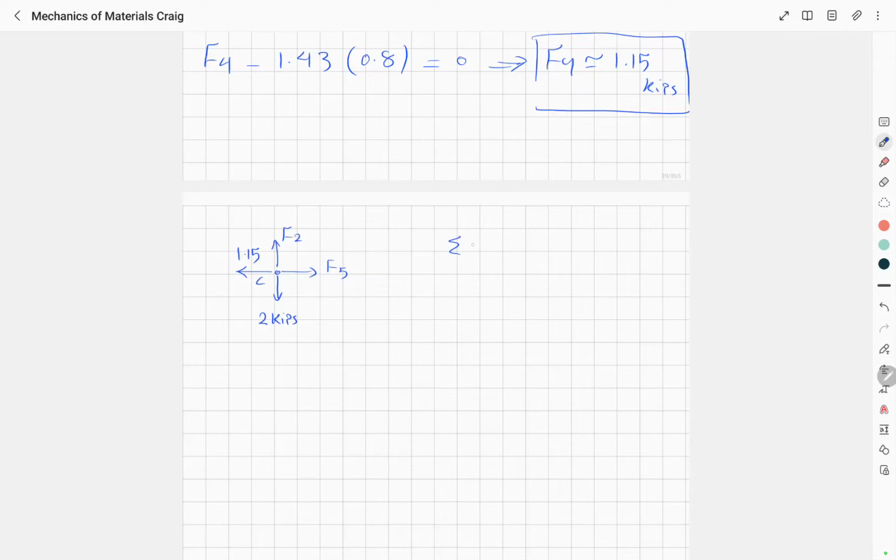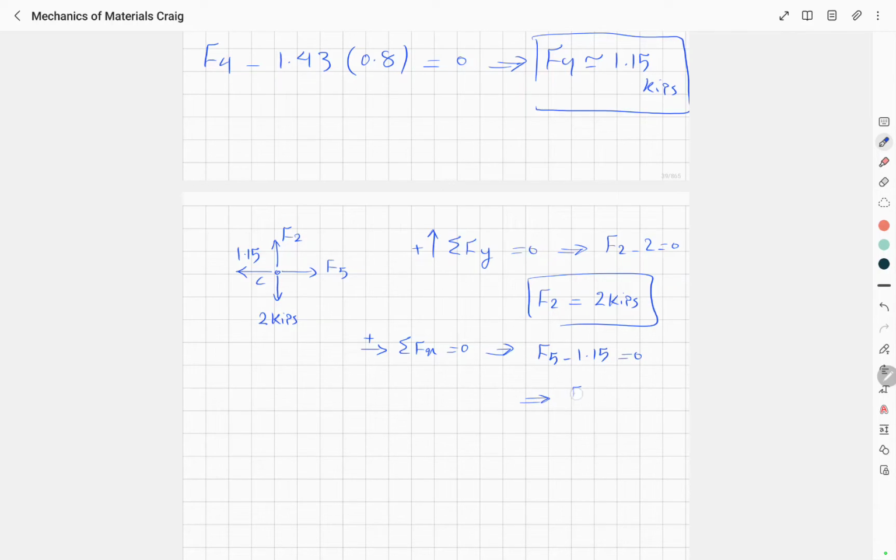So sigma Fy is equal to 0. So F2 minus 2 is equal to 0. So F2 would be equal to 2 kips. For the x direction, sigma Fx is equal to 0. So F5 minus 1.15 is equal to 0.